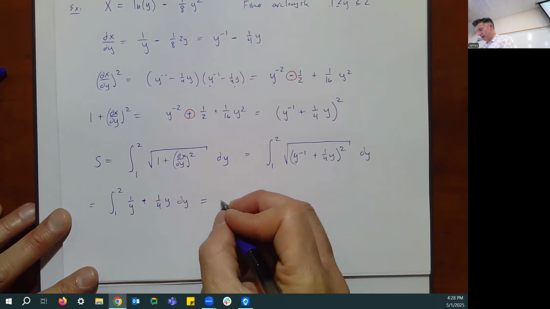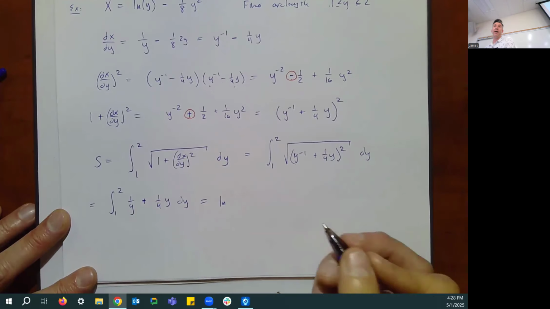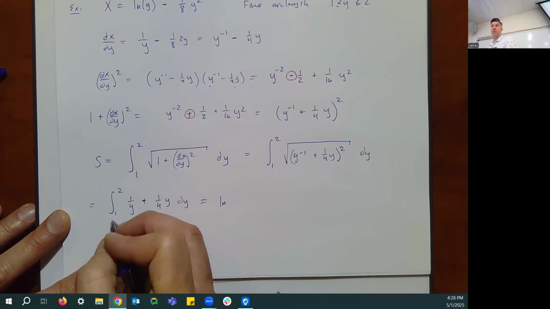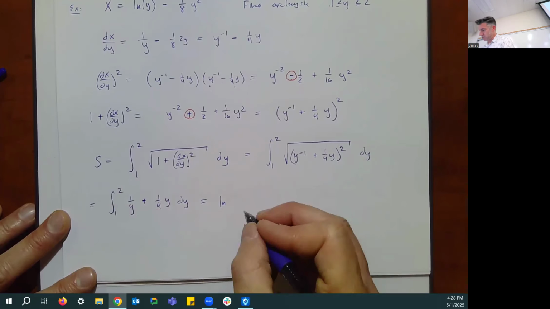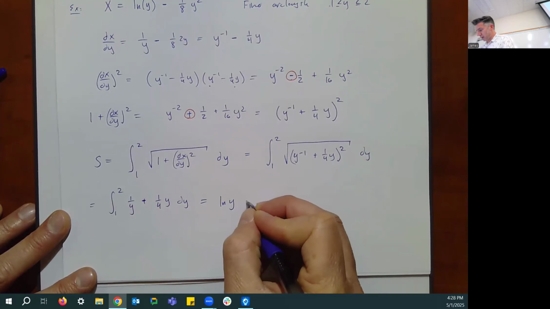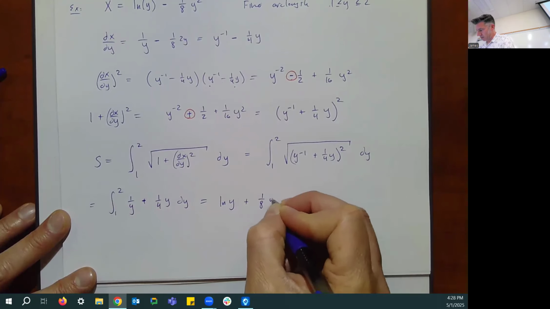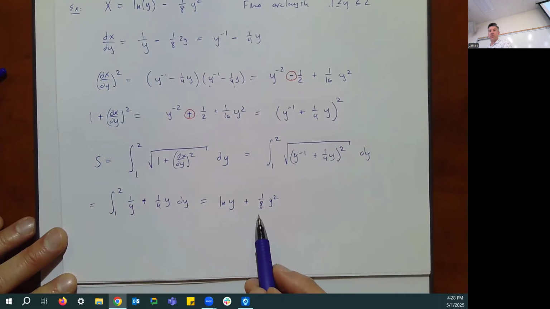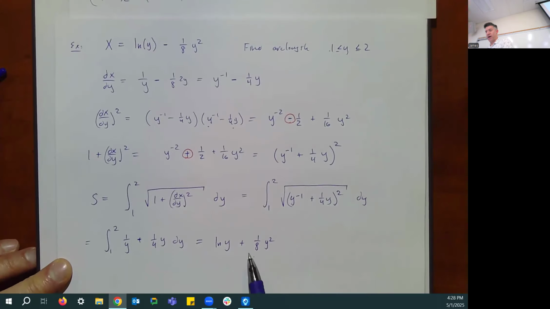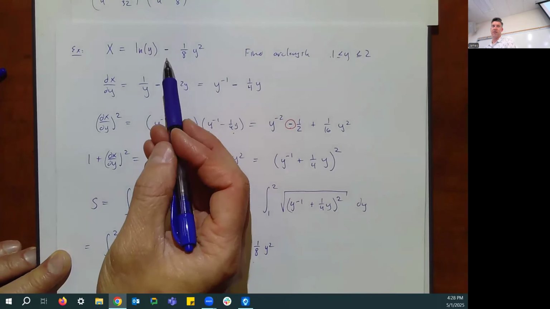We integrate. The integral of 1 over y is the natural log of, I'm just going to write y here because I know my y's are already positive, so I don't need the absolute value. Plus 1/4 y squared over 2, or 1/8 y squared. And again, look, we did all this work to get back to essentially where we started.